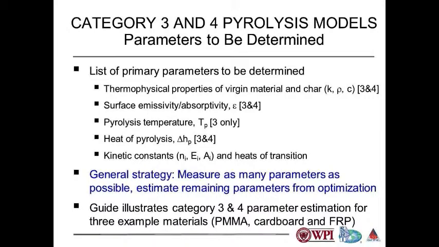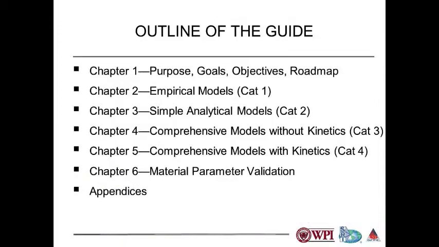Thermophysical properties, k, rho, and c, both for 3 and 4; surface emissivity, absorptivity, and pyrolysis temperature, that's only for category 3 models; heat of pyrolysis for 3 and 4 again; and kinetic constants only for 4. The general strategy that we have in the guide is to measure as many parameters as possible and then estimate the remaining parameters from optimization. And that process is described for a number of example materials, PMMA, cardboard, and fiber reinforced plastic.